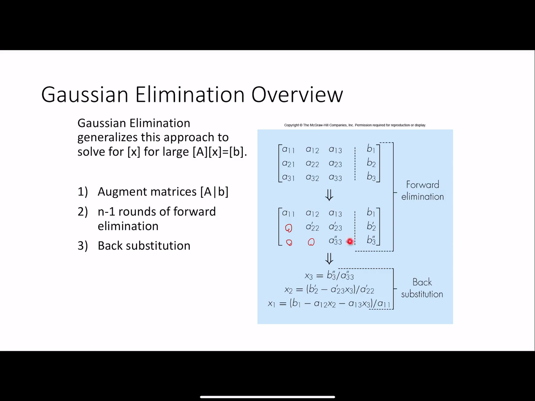This one is easier to solve, for example, because the value of the unknown x3 will just be given by b3 double prime divided by a33 double prime. Once we know the value of x3, we plug it in here, and then we find the value of x2 very simply. We take this term, subtract it to the other side, and solve for x2. Likewise, we know x2 and x3. In this case, we plug it up here, and we solve for x1. So this is known as backward substitution.